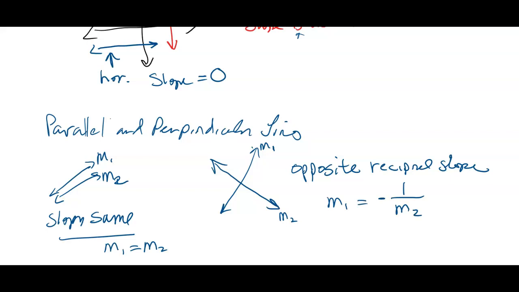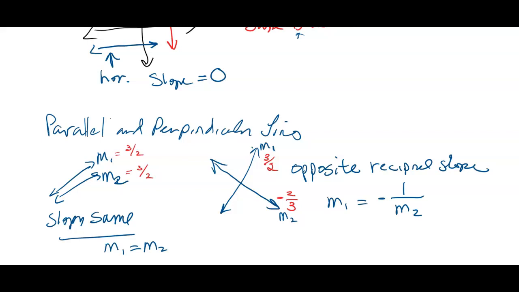So if M1, for example, is positive, let's call it 3/2, M2 would have to be negative 2/3. Whereas in parallel lines, if M1 is 3/2, M2 is also 3/2, because they are the same.